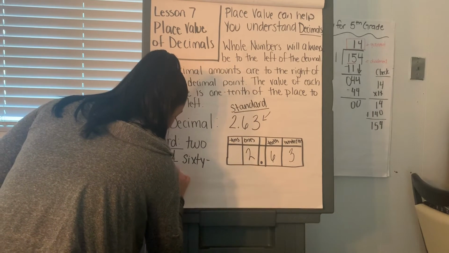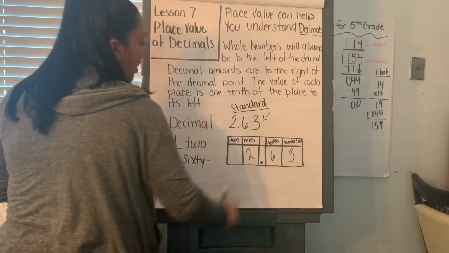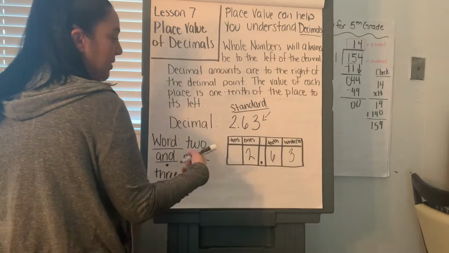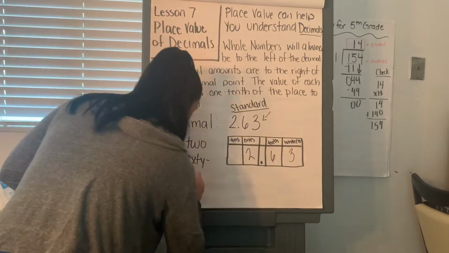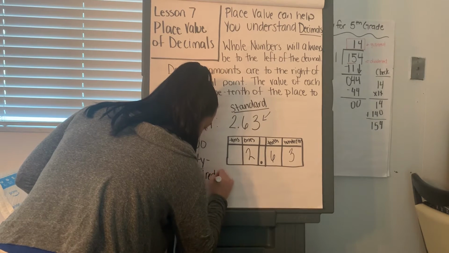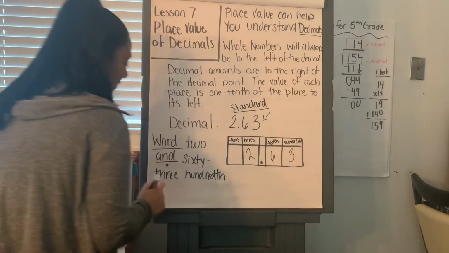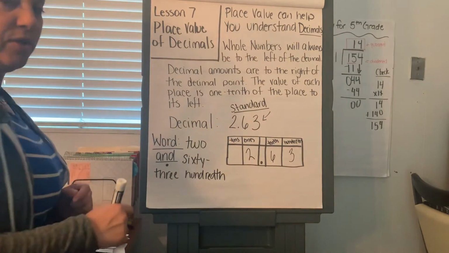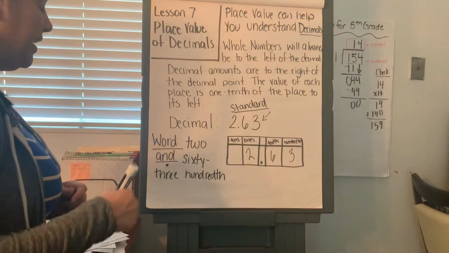Because the 3 lands in the hundredths, you're going to use hundredths as the last name for this number. And this would be your word form for your decimal.